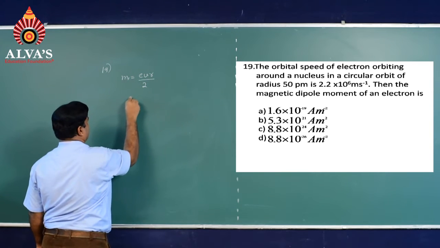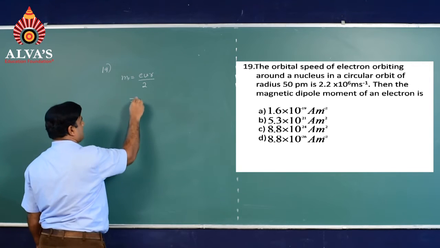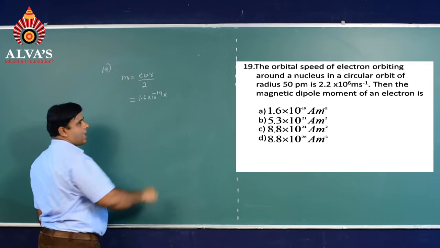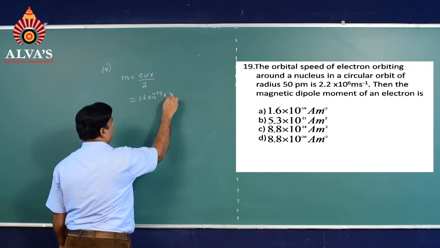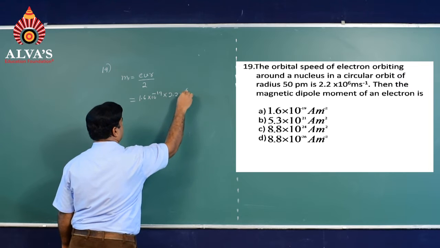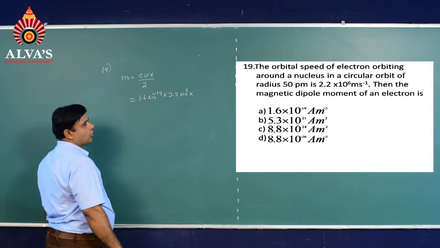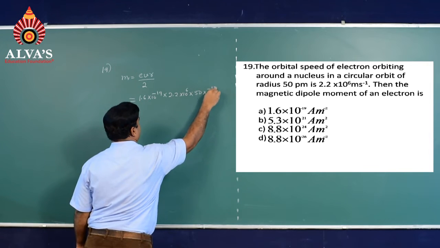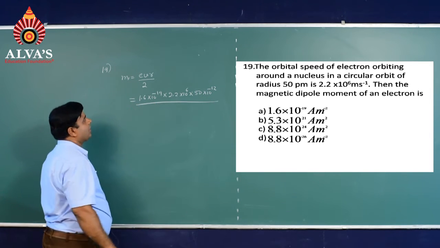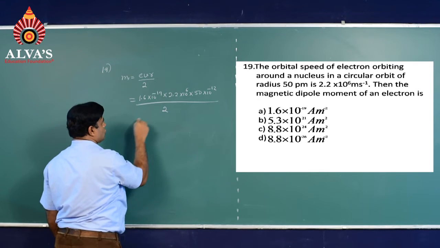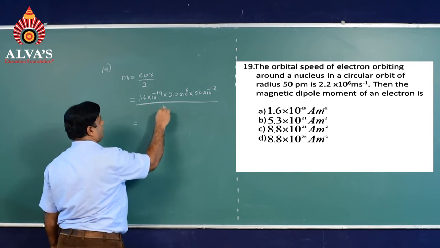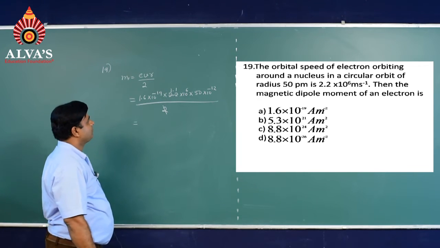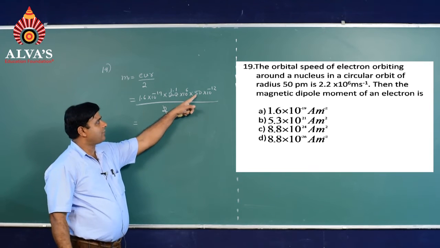eVR divided by 2, where e is the charge 1.6 into 10 to the power minus 19, v is the speed, which is 2.2 into 10 to the power 6, into r is the radius, which is 50 pico, 10 to the power minus 12, divided by 2. 2 ones are 2, into 1.1. 50 is 5 into 10.